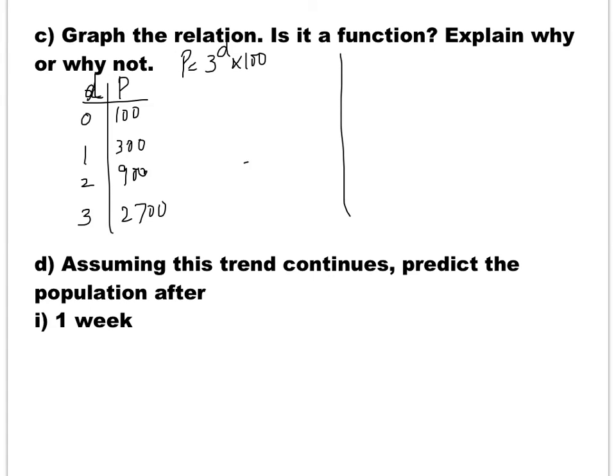So our graph approximately is going to look like this. If this is d, this is the population, day 1, day 2, day 3, and our population goes 100, 300. So if I assume 100 is here, day 0 is 100, which is here. Day 1 is 300, so I'm going to go 3 units up, so 300 is here, but it's day 1, so it's going to be here.